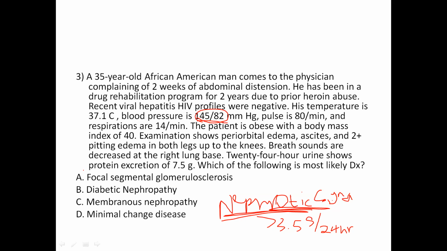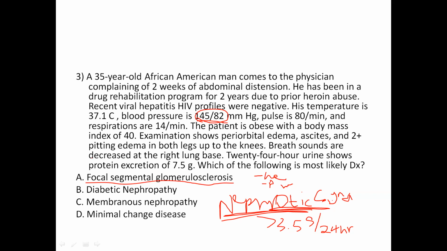When you come to focal segmental sclerosis, this is the most common cause of nephrotic syndrome in developed countries, and it is associated with heroin abuse, HIV, and morbid obesity.